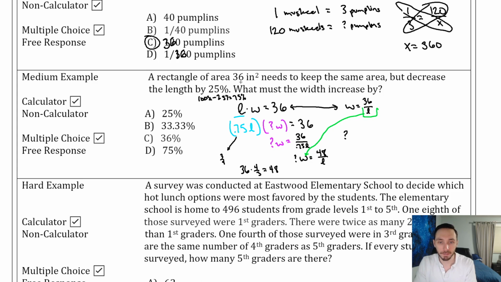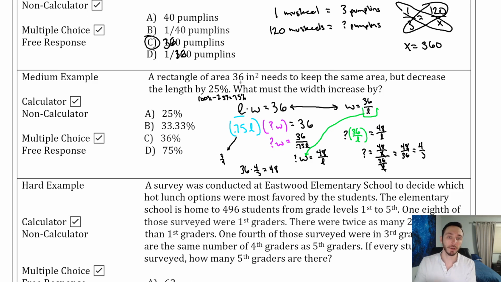This is kind of a processed way in hindsight. 36 over L is plugged in for W, and this is going to be equal to 48 over L. I can divide both sides by 36 over L. So that new fraction that's going to be sitting in front of W, or a percent, is going to be 48 over L and then 36 over L. The L's will definitely cancel, and I'm going to get 48 over 36. 48 over 36 can be reduced to 4/3.